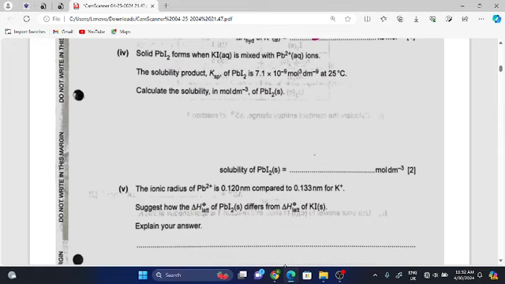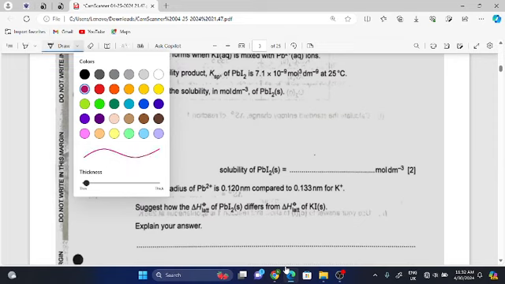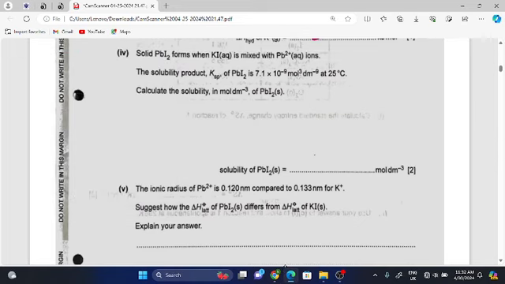Solid PbI2 forms when potassium iodide is mixed with lead ions. The solubility product Ksp of that one is 7.1 times 10 raised to the power minus 9 at 25 degrees. Calculate the solubility in mole per dm cube of PbI2. First of all, write down the expression for Ksp.